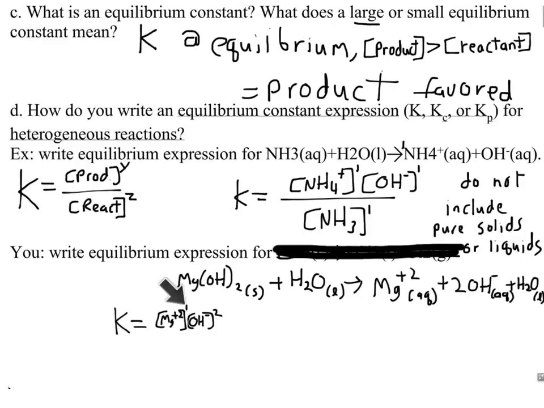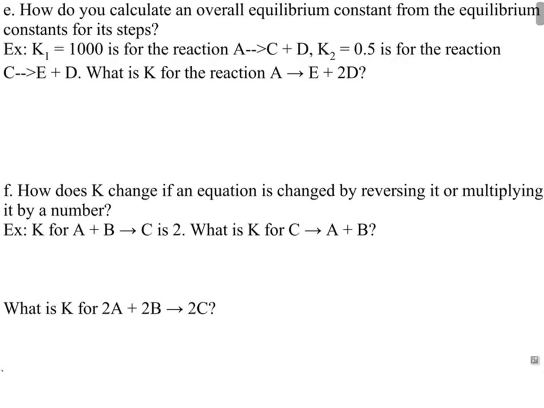You don't have to put a 1 here, I'm putting it to emphasize that it came from the coefficient, which is 1, over the reactants. If we look at the reactants, this says L, it's a pure liquid. This says S, so it doesn't have a concentration either, so there's nothing on the bottom here. You can put 1 if you want.